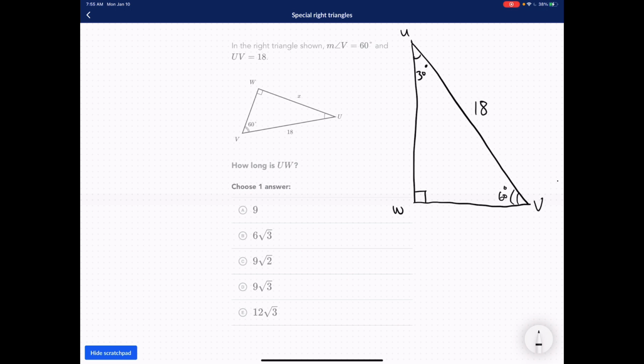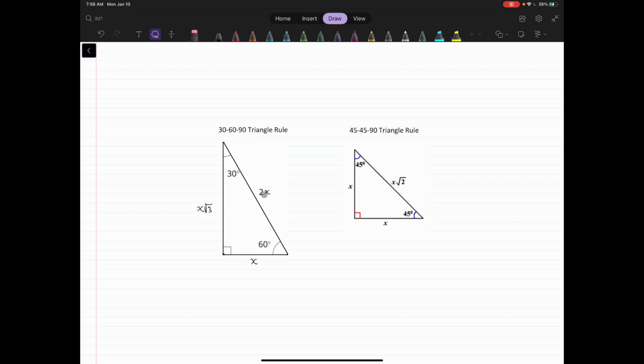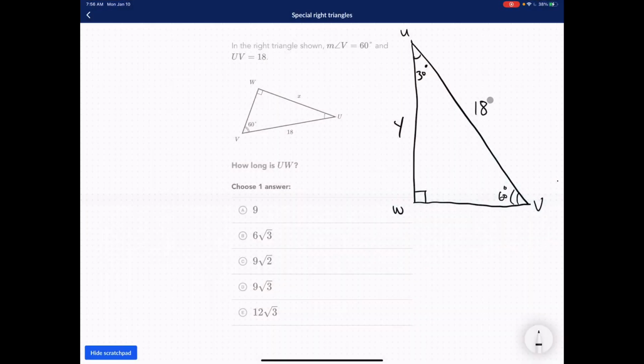And we're trying to find UW, which is again X. So as you can see, I'm going to change this again to Y because we use X in our conjecture here, and it could be a little bit confusing. So what we have is 18, right, is what we're given, and we're trying to find Y. So let's look at this hypotenuse of this 30-60-90.